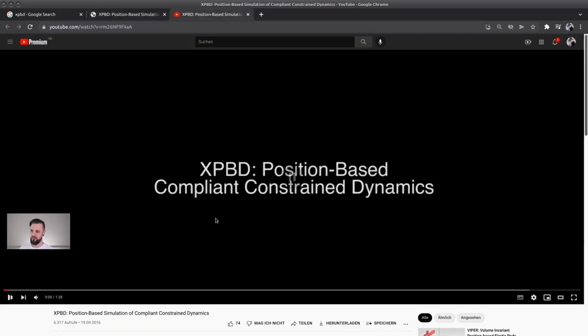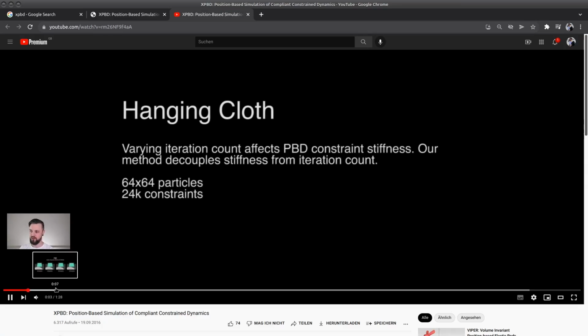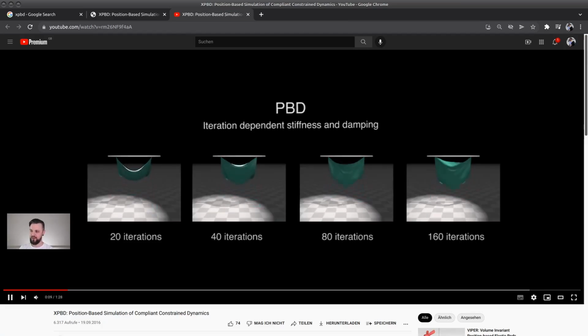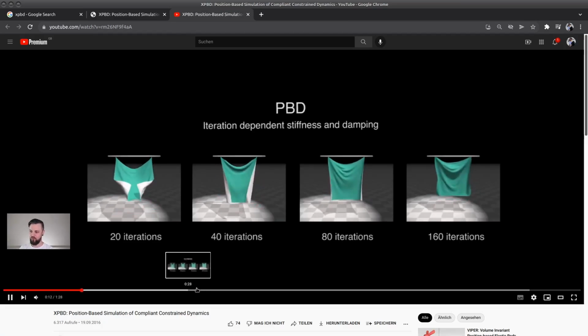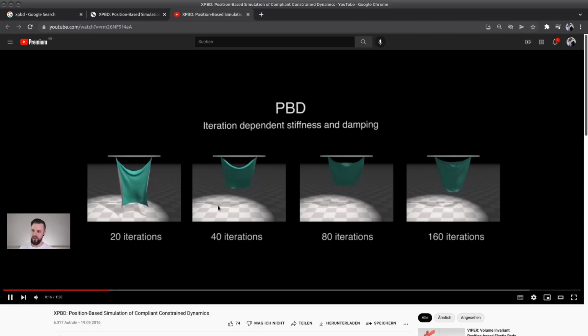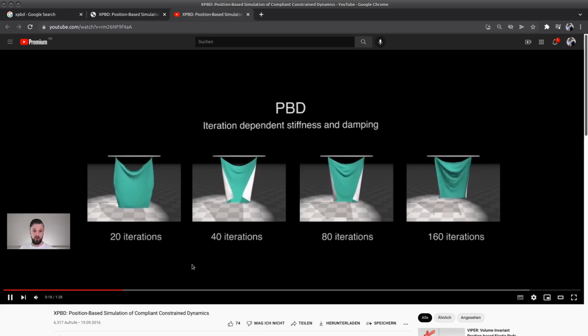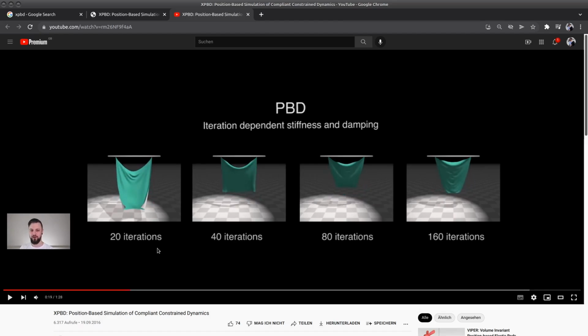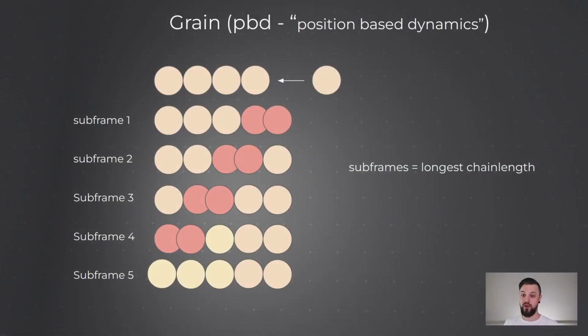And the video is probably a bit easier for us mere mortals to understand. This explains a little bit what's behind the whole thing, so it's worth watching. And what you can see here is something we already know from PBDs, and that is that you need a lot of iterations to calculate the relationship between the points. And we have seen this in form of collisions between the points, but it's also true for connecting points in form of a line.